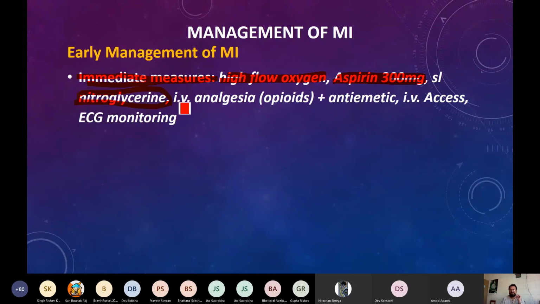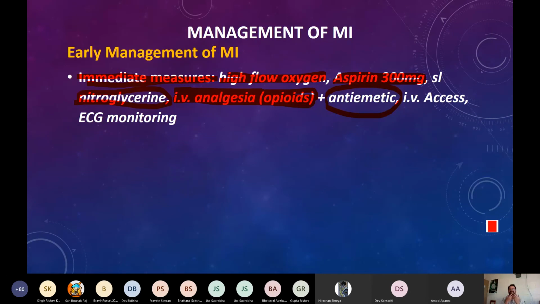And then if possible, if the health facility allows, IV analgesia, opiates like pethidine or morphine, should be administered to the patient. Because of the pethidine and apprehension and other things, the patient might vomit. If the patient is conscious, the vomit may go out.